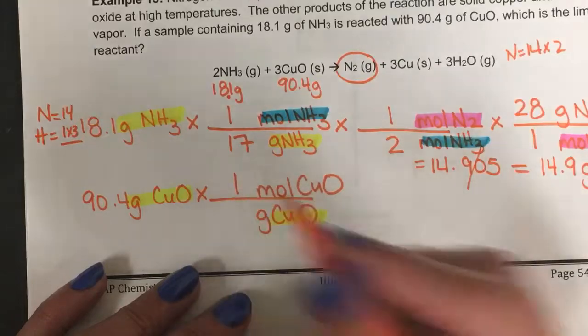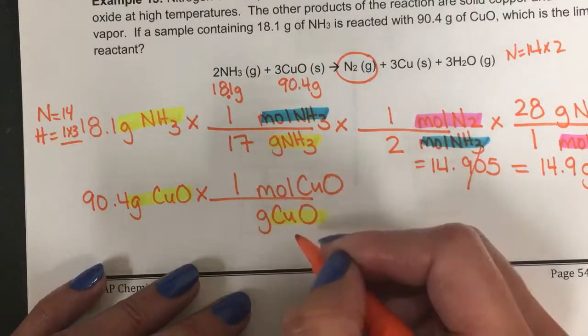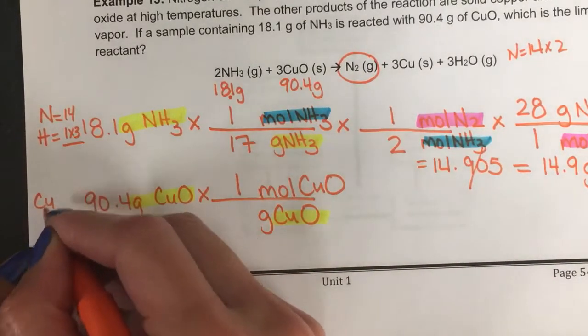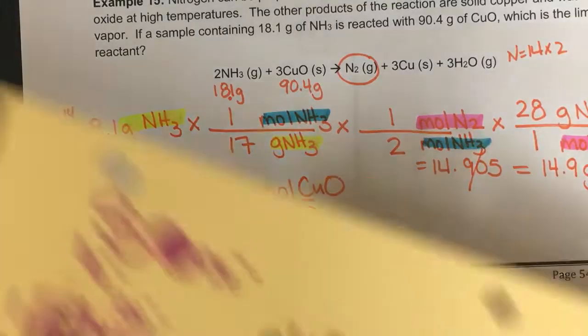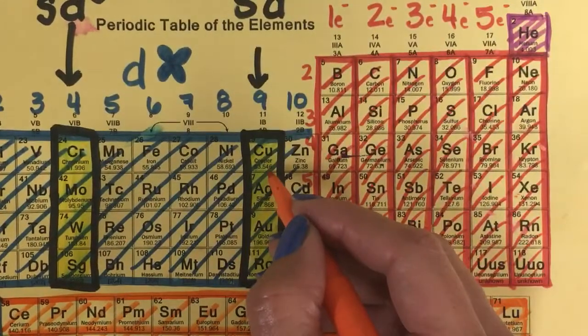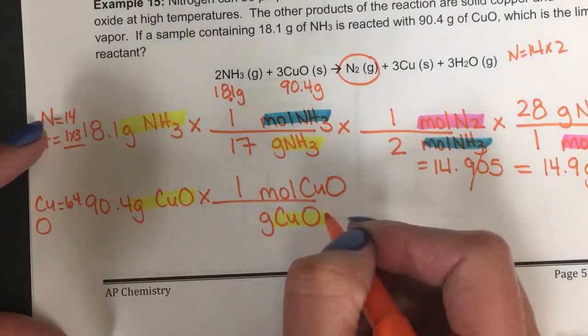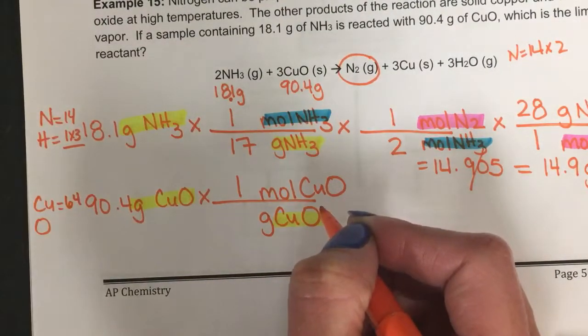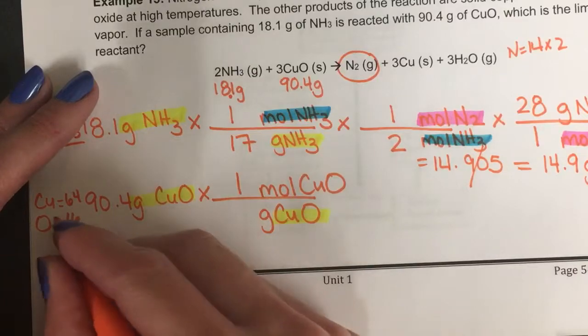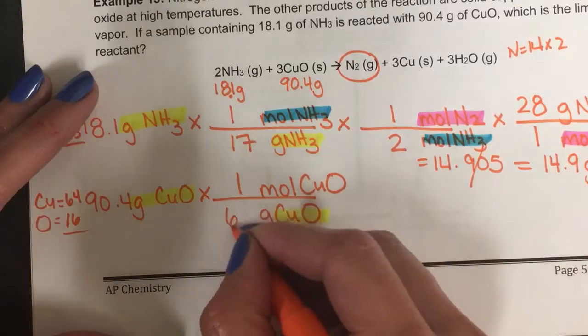I know that 1 mole is always equal to the number from the periodic table. Copper is 63.5, so let's go ahead and make that 64. Oxygen is 16, so that's 60.